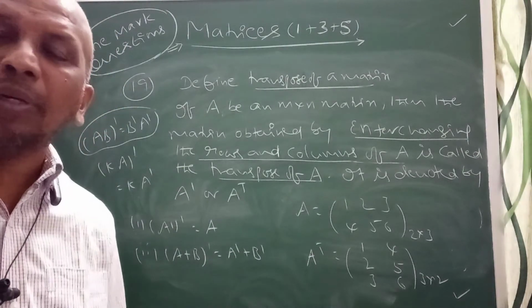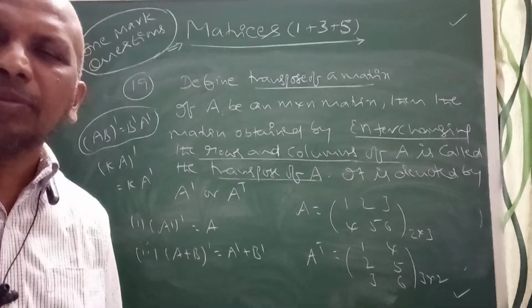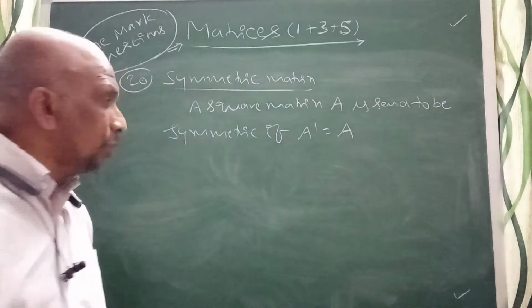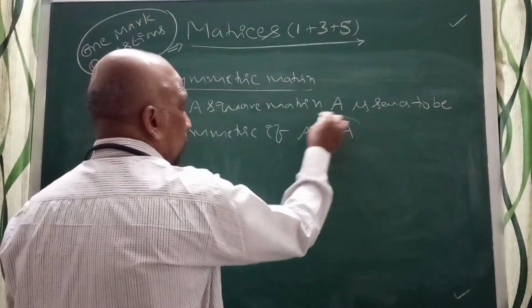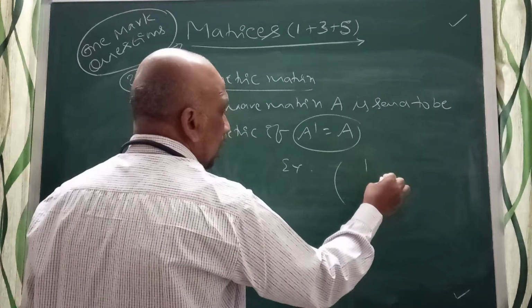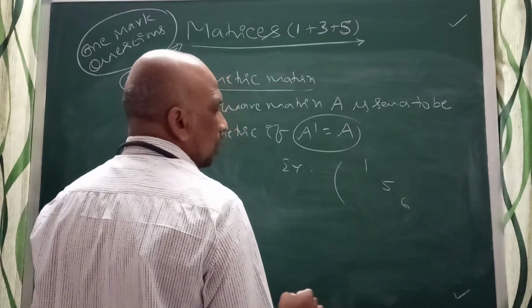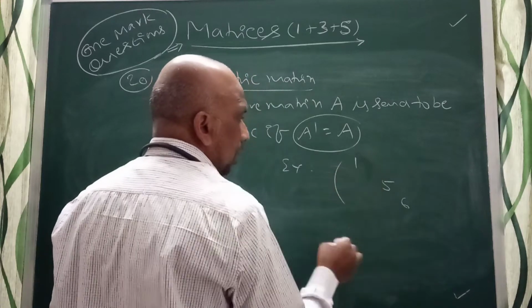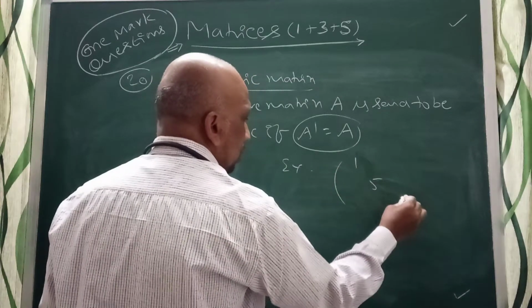Now I will discuss the symmetric matrix. A square matrix A is said to be symmetric if A transpose is equal to A. As an example, you can write any elements on the diagonal. These are the diagonal elements: 1, 5, 6.